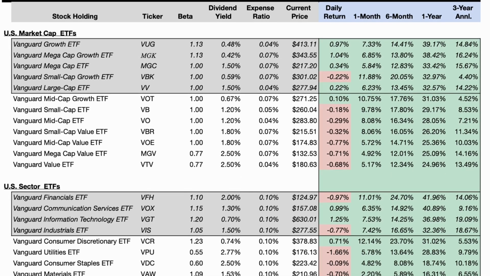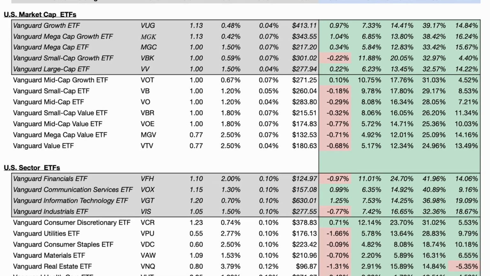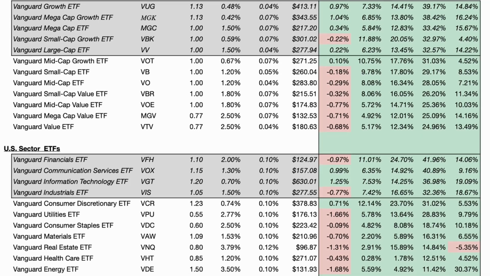The way I'm going to break down looking at the US equity markets is by looking at a few different groupings of ETFs. So again, we're not looking at individual stocks necessarily, but we're looking at different segments of the market, different baskets of stocks. And so I'm going to look at three different groupings.